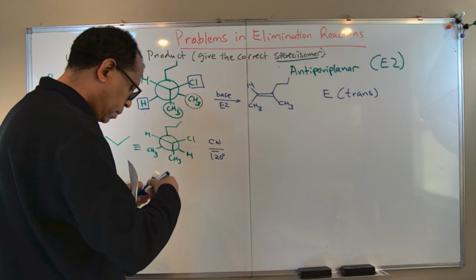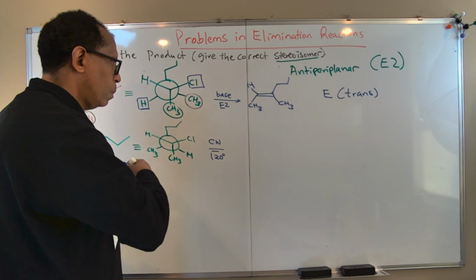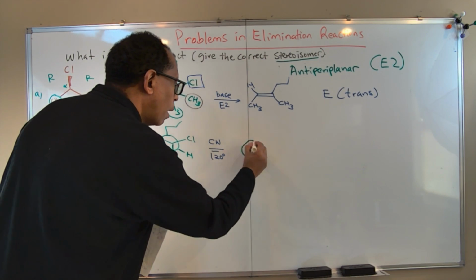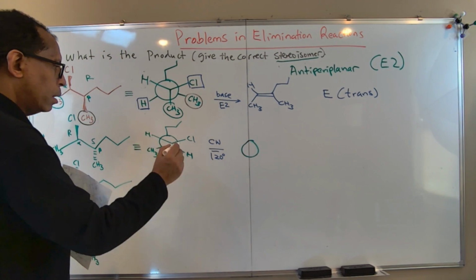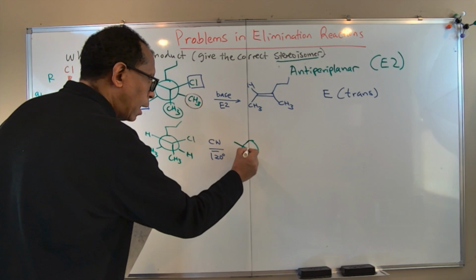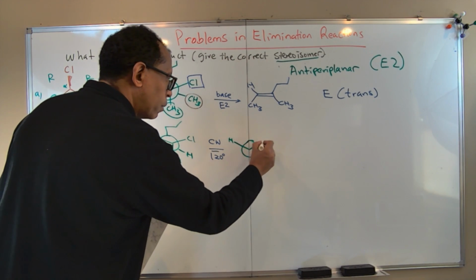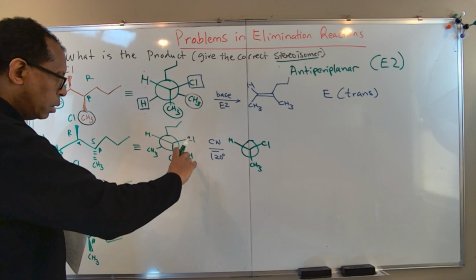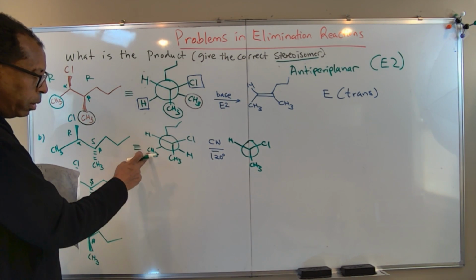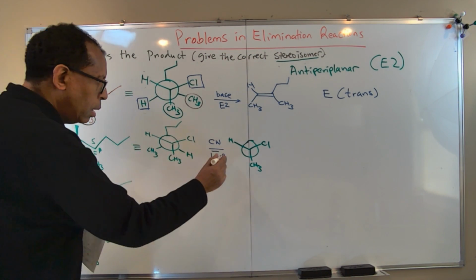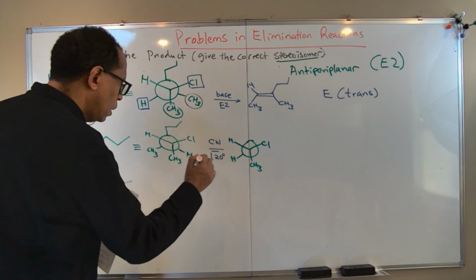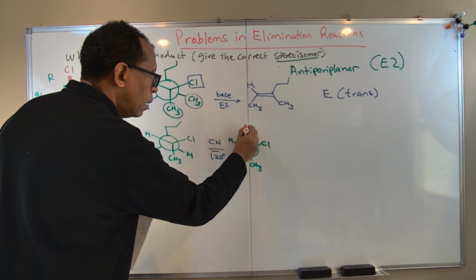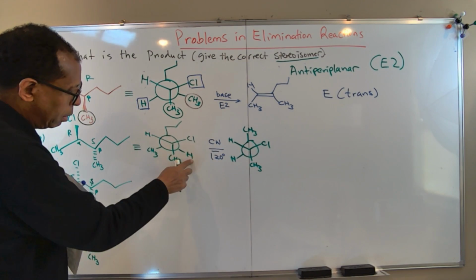After rotation, the front is still intact. I didn't touch the front carbon, but rotation of this by 120 degrees would bring it here. H would be here, CH3 would be here, and propyl would be there.